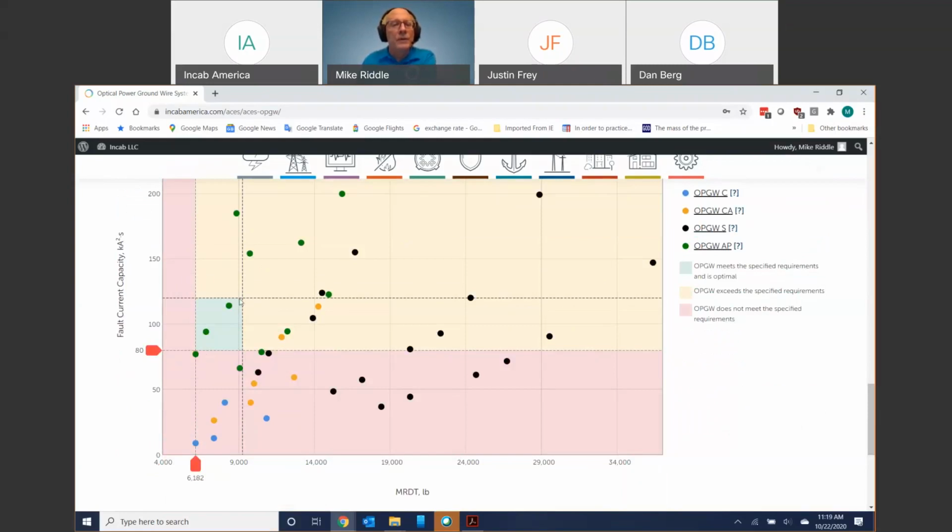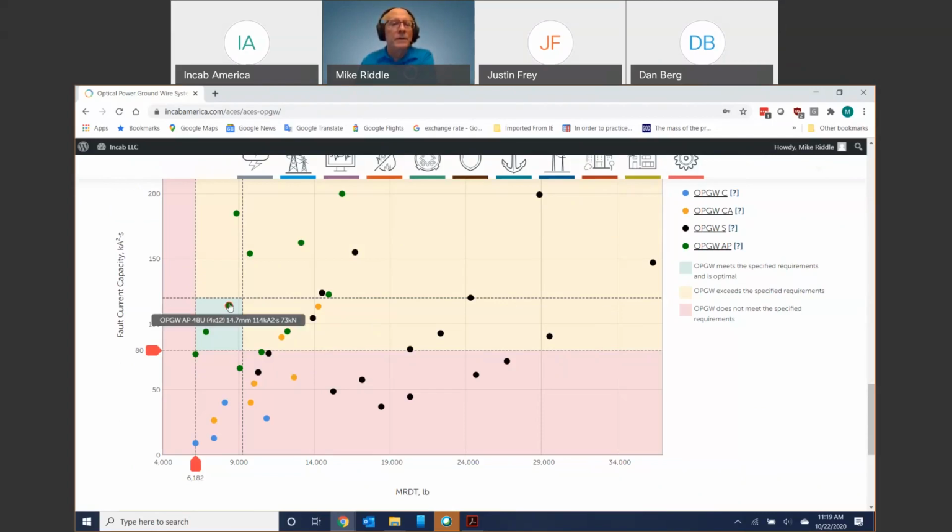Cables in the green area are optimal. The orange area are more than what you really need in one dimension or the other. Either the fault current is higher than you need, or the strength is significantly higher than what you need.